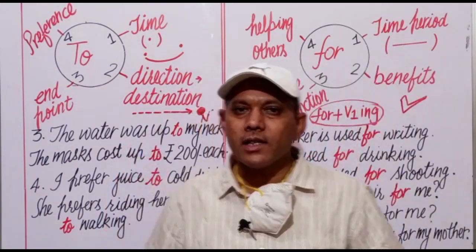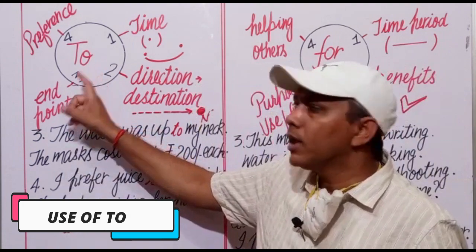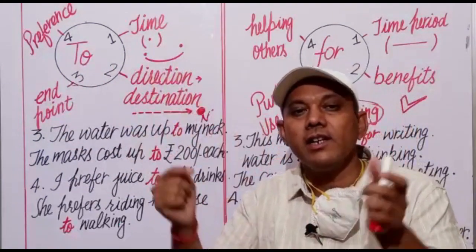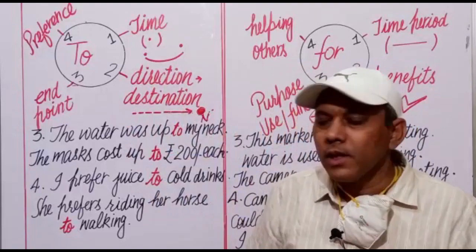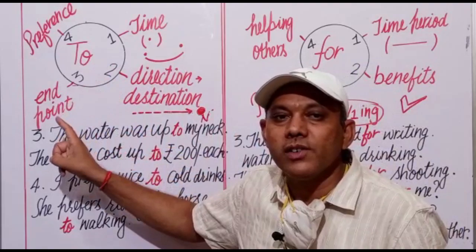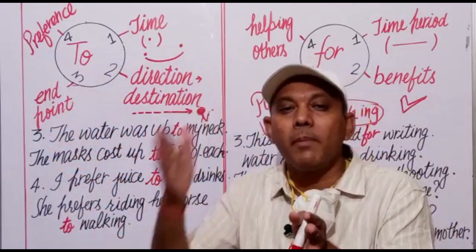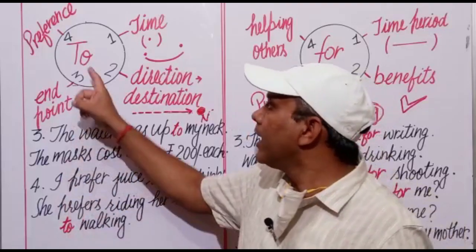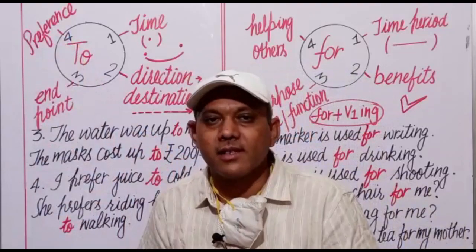We have discussed the use of to in case of time and in case of direction or destination. Now, we shall discuss the use of to in case of end point. End point means up to that specific point, or in case of preference.